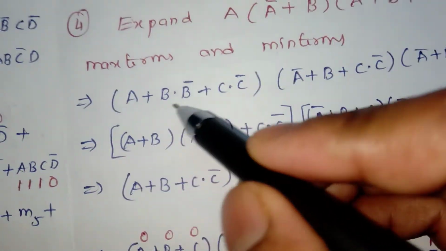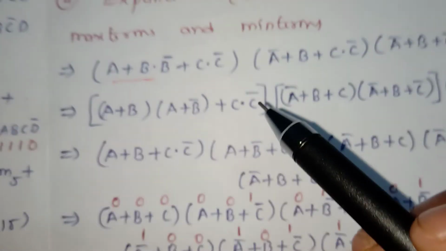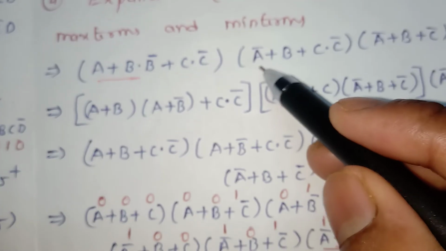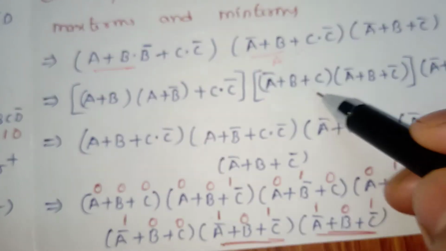Now, if you observe that, first of all, I will do this. I am going to take this A plus B into A plus B bar plus this term as it is. Now here let us consider this entire term as A plus BC, A plus B into A plus C, then this term as it is.